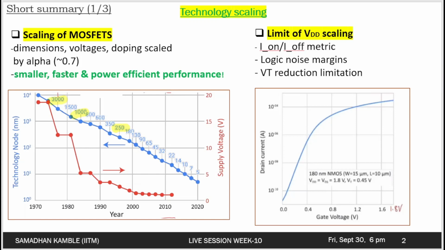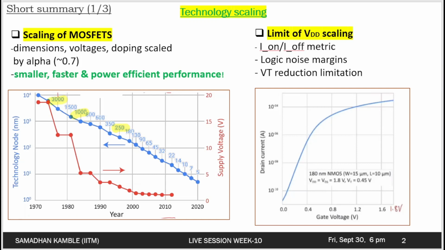Not only that, but also the supply and the threshold voltages were scaled by a factor, let's say alpha, which is roughly about 0.7, and also the doping concentration was scaled by this particular parameter. What we saw is that because of this scaling, different parameters are also changing, and essentially what we get is a smaller MOSFET with faster and more power efficient performance. So that is the advantage of scaling.